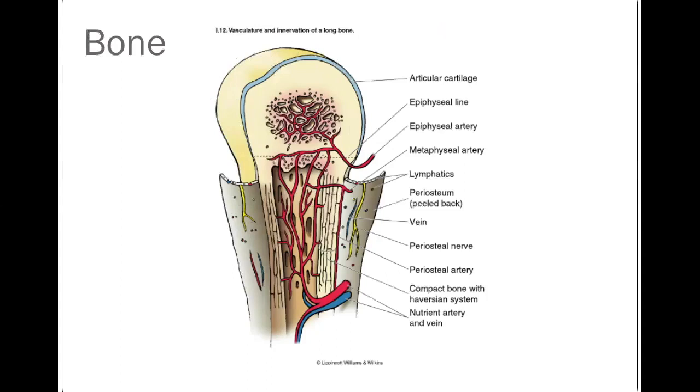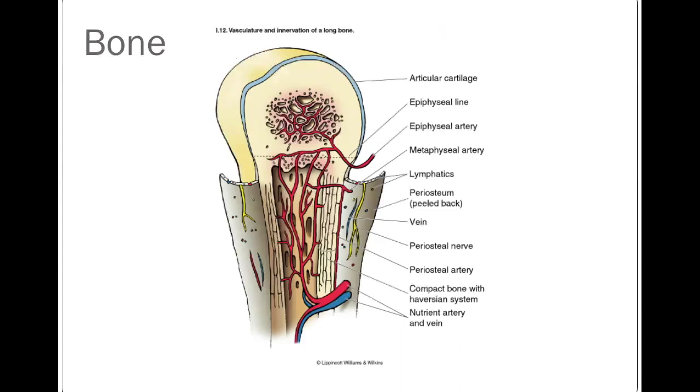The periosteum on the outside of the bone is where a lot of the free nerve endings travel, and blood vessels are innervated here. So we can pass blood between the bone itself on the inside and the outside world, and vice versa. It also has a lot of lymphatics in it.